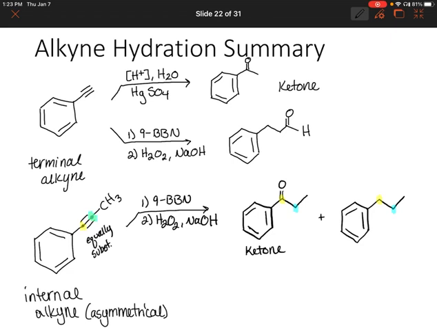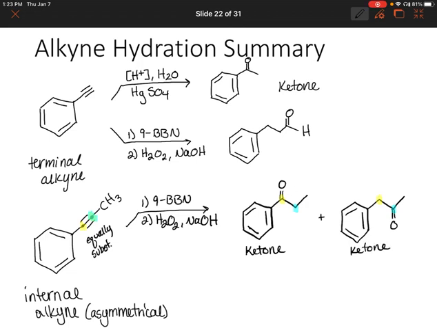Now, again, there's equal probability that the functional group could add to the blue carbon. So let's add that. And we have our double bond to oxygen on the blue carbon. Now, is that a ketone or an aldehyde? It's a ketone again.